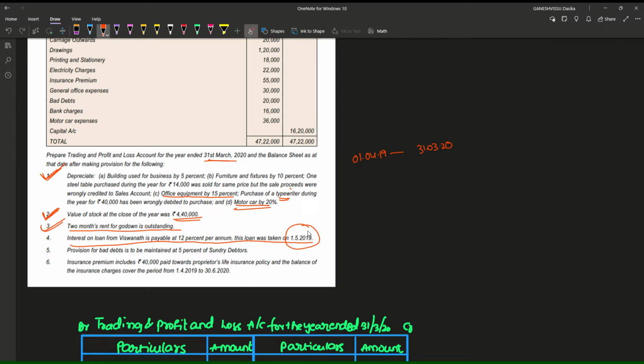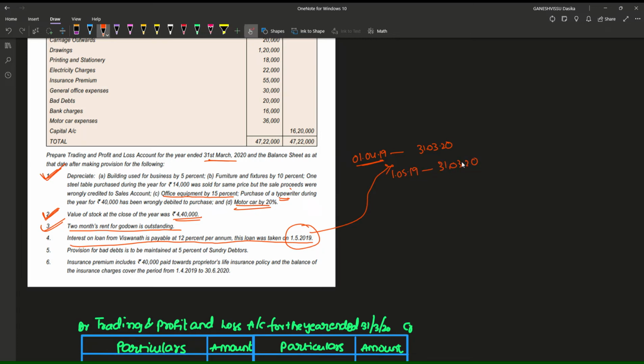But this loan was taken on 1st May 2019, after 1 month of the business, we have taken a loan for some value. So that is 1/5/2019 to 31st March 2020.